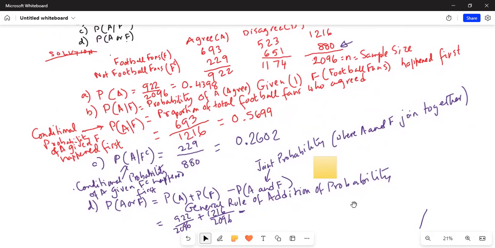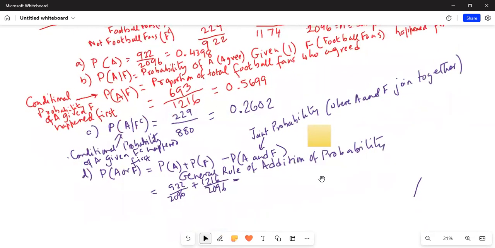And now probability of A and F: the agree column and the football fan row meet at the number 693. So the intersection point of A and F is 693.